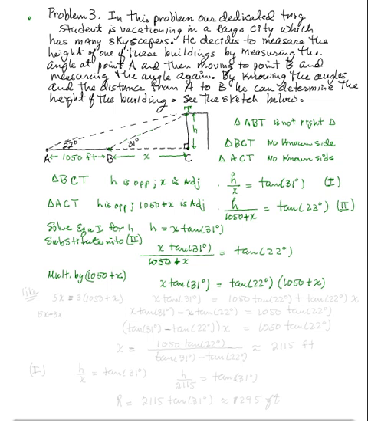Now, this is the equation that we need to solve for x. This equation looks kind of complicated, but tangent of 31 degrees is just a number. Tangent of 22 degrees is just a number. So this equation is really kind of like the following. You've got a number times x, like 5x, equals another number on the other side of the equation, let's say 3, multiplied by 1050 plus x.